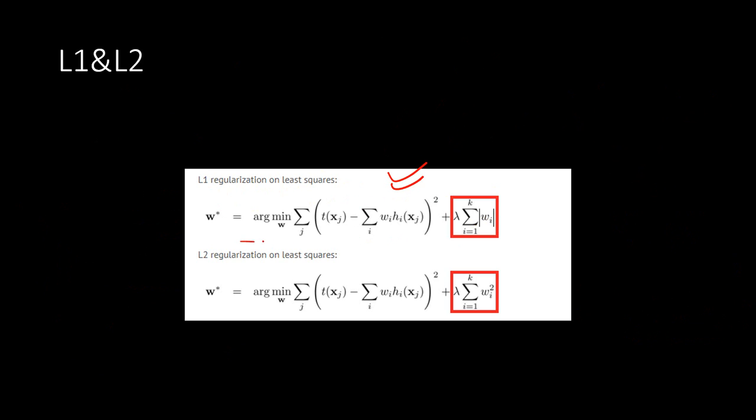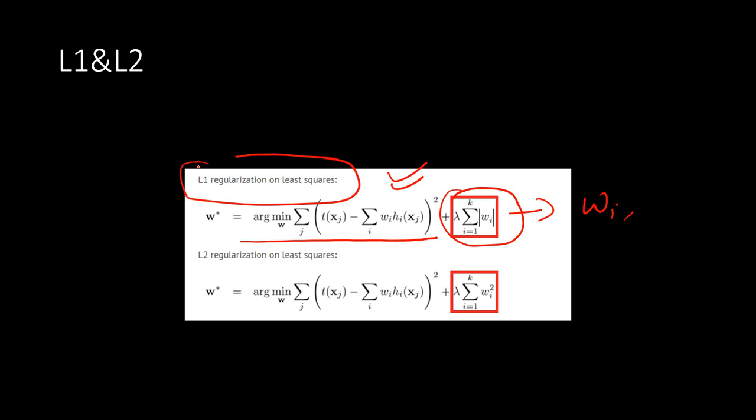This is the least square regression cost function, and we have added this regularized term to it. If the regularized term is the summation of the modulus of the betas, or the modulus of the weights, with W used instead of betas as the weights, we call that L1 regularization.